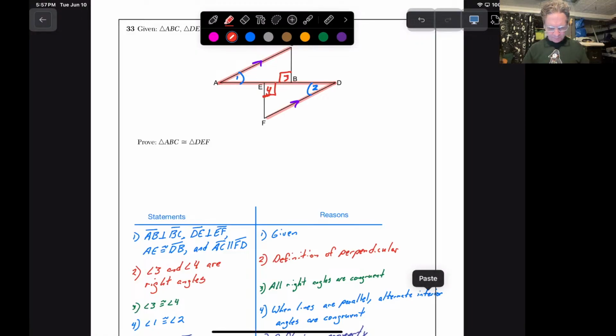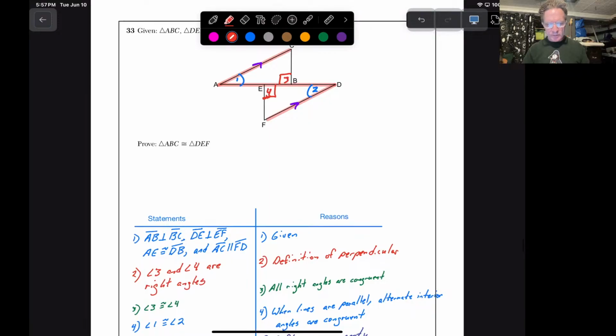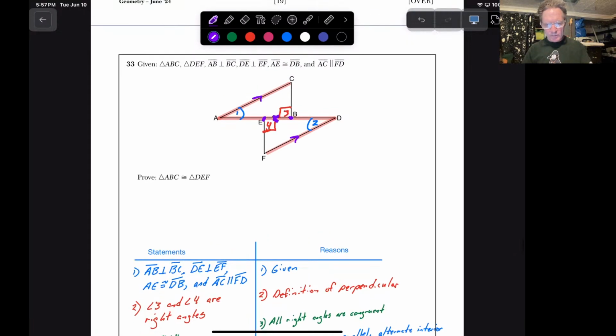Next up. BE, congruent to BE. And you're going to see why I have this in here. So right here, I'm saying that this little line segment here, BE, is congruent to itself. Why? Well, because they told us that AE is congruent to DB.